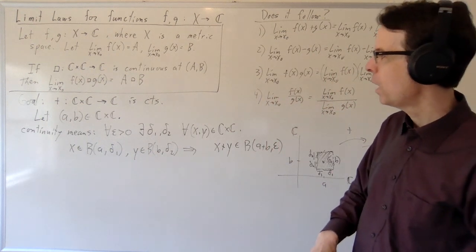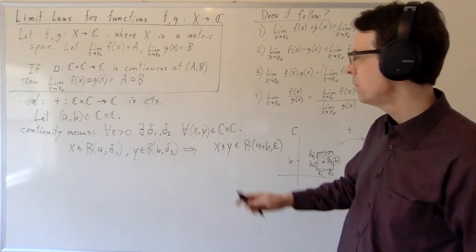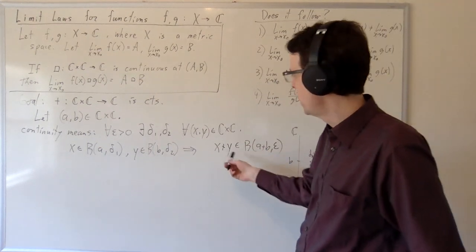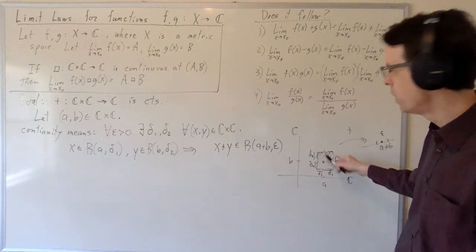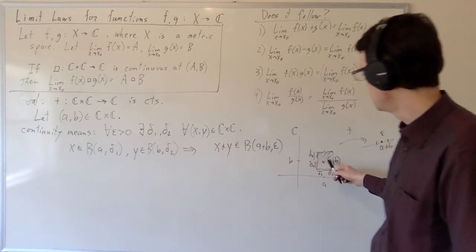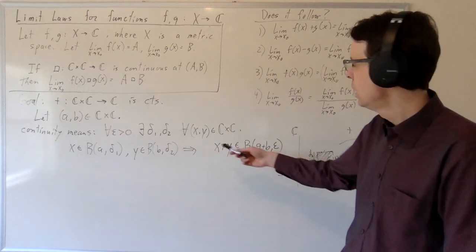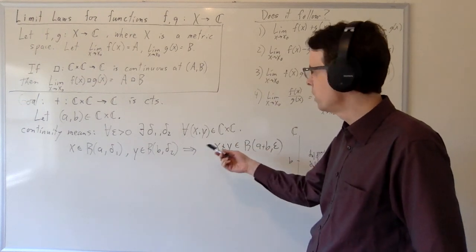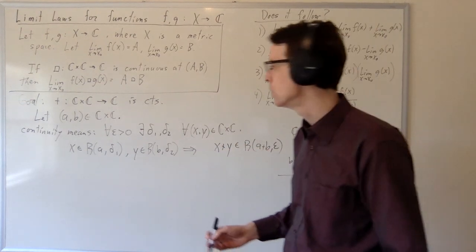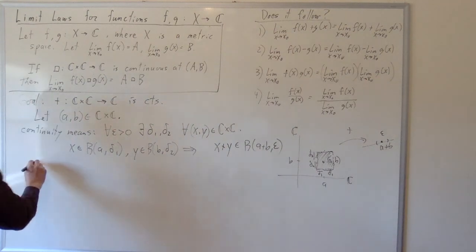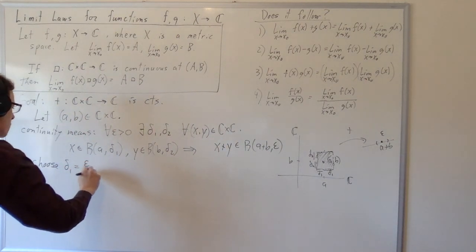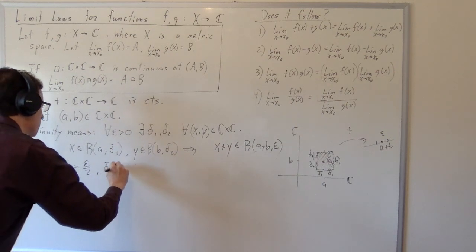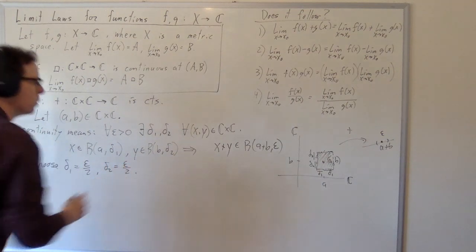So how are we going to prove this? Well, addition is very simple, and because of the triangle inequality, it's pretty easy to predict how big delta 1 and delta 2 are allowed to be. And in this example, it will work just fine if we choose both of them to be epsilon over 2. So we're going to choose delta 1 to be epsilon over 2 and delta 2 to be epsilon over 2.